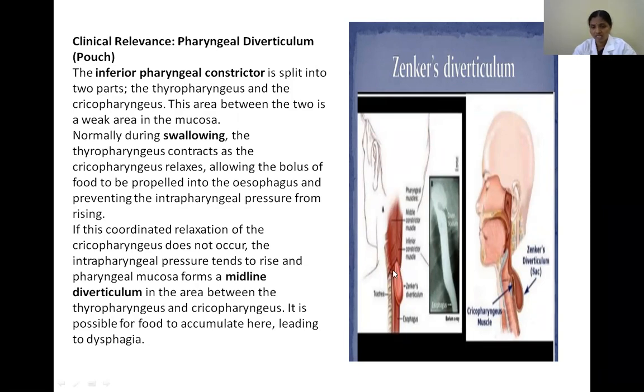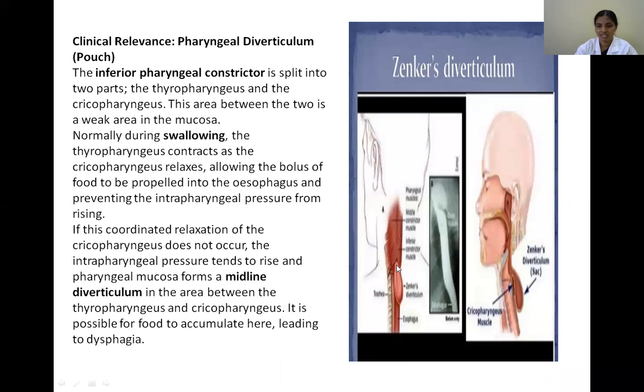Now, if there is any incoordination, just imagine both thyropharyngeus and cricopharyngeus are contracted. There is a rise in intrapharyngeal pressure. Due to this, the mucosa along with the food is extended along the weakest area of the pharynx, the dehiscence of Killian.